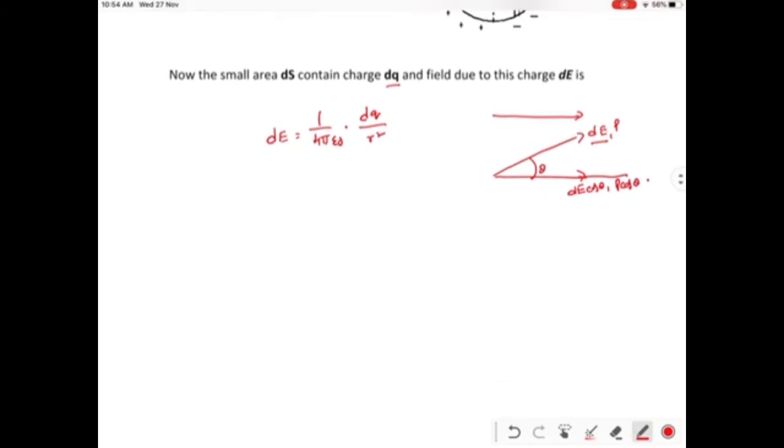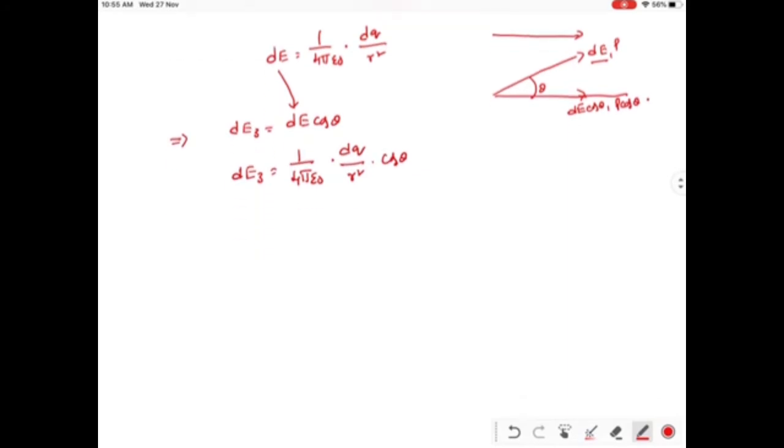Now, the electric field in the direction of the external electric field is dE3, equal to dE cos theta. Substituting dE here, we get dE3 is equal to 1 by 4 pi epsilon naught dq by r square into cos theta. Now, we have to calculate what is dq.